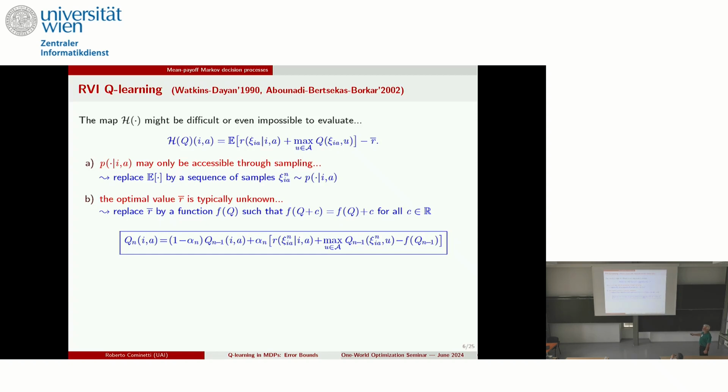So if I start from a previous iterate Q n minus 1, I will average my previous estimate with the new estimate with some coefficient alpha n to be specified. And here replace not h, but h sampled, and moreover with R bar replaced by f of Q n minus 1. That was the proposal of Abounadi, Bertsekas and Borkar in 2002, and in general Q-learning was proposed by Watkins and Dayan in the 1990s.